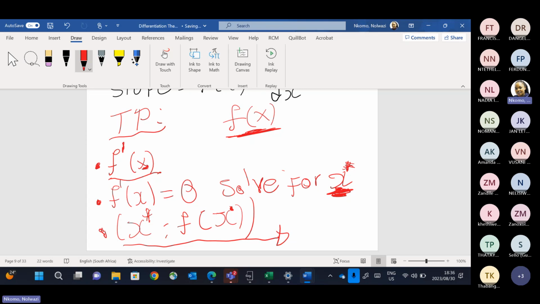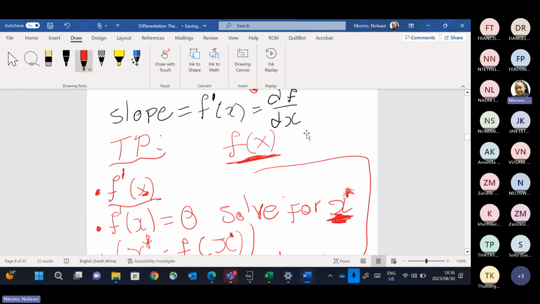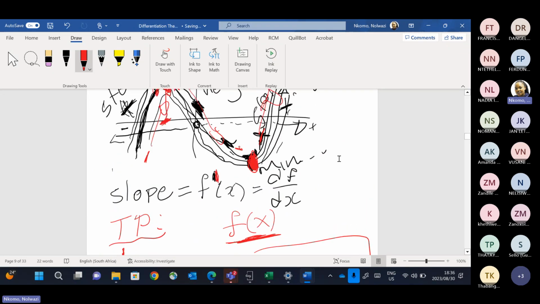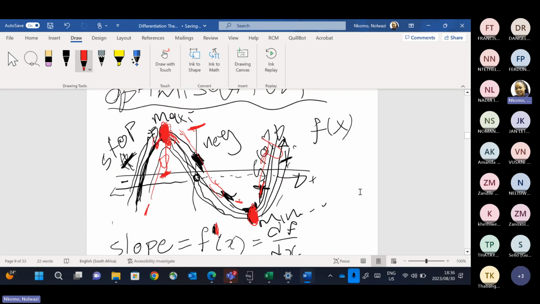If you are told to find the stationary points, you will do only these 3 steps, right? But remember, I said your stationary points can be either minimum or maximum, right? If you are asked to find the nature of the stationary point, that means you are asked to determine whether the point is a minimum point or a maximum point, right?